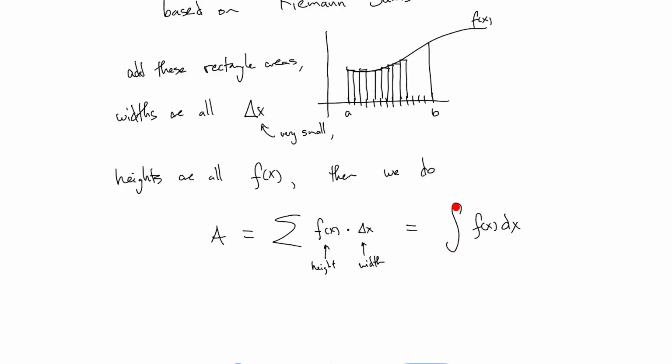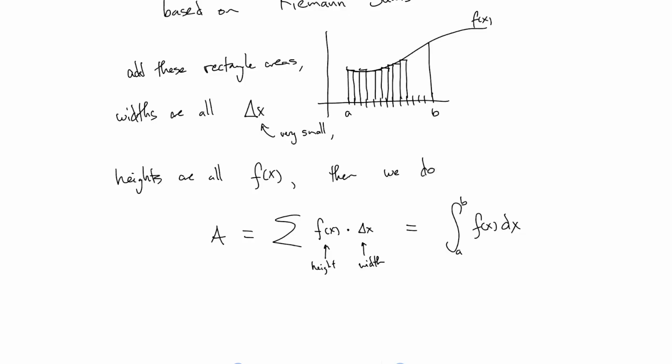And then this weird looking symbol is actually meant to look like an S, which is the sort of Northern European version of the Greek letter sigma. All of this is meant to look kind of like that. But none of that really matters when you're doing these problems. I'm just giving us a little review of where the area under the curve comes from. It comes from adding up all these little rectangles, all right?